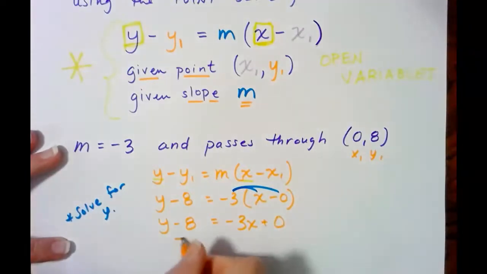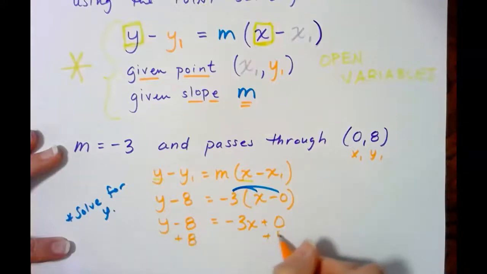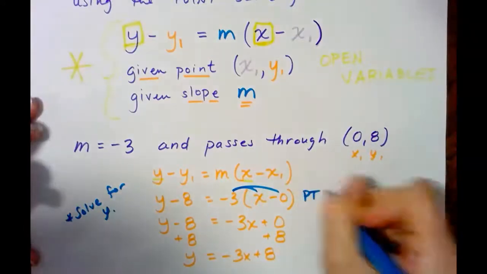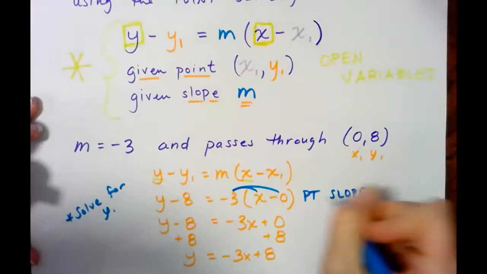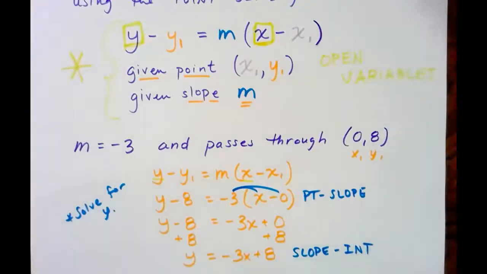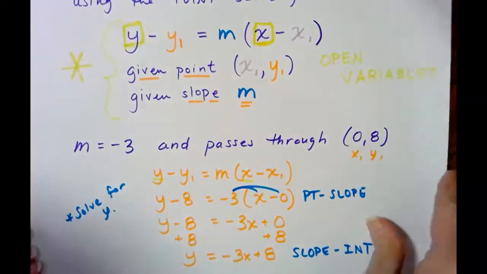Then from here, let's just add 8, and we get y equals negative 3x plus 8. So what do we have? This is the point slope form, and this is the slope intercept form of the line. So two different equations that represent the same line.